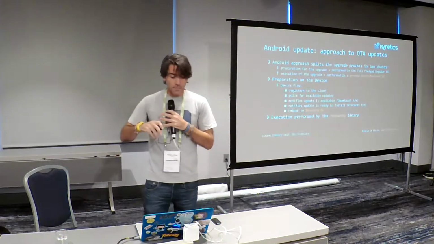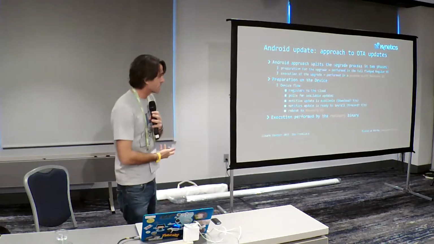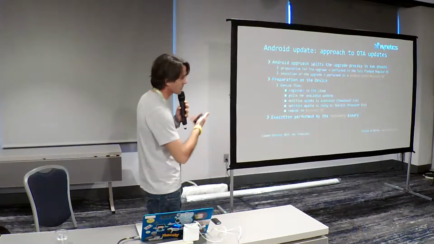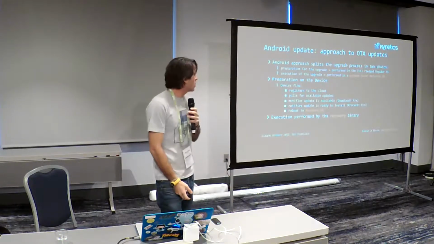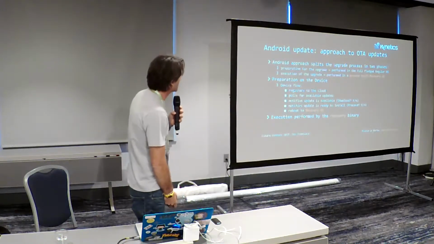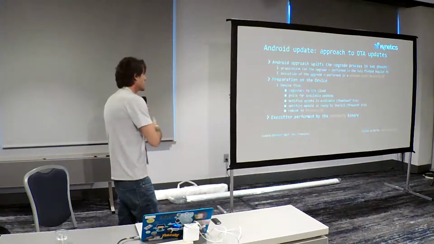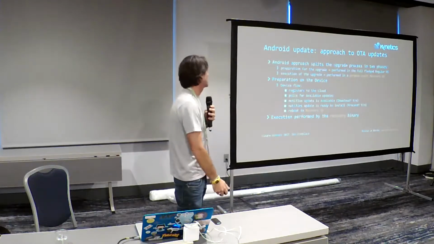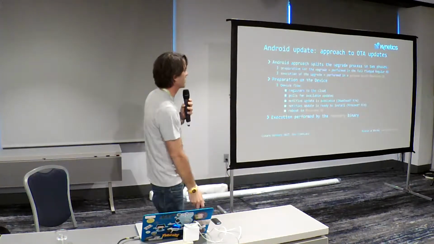For the preparation on the device, you have an Android phone, so you know perfectly how it works. You register on the cloud, you poll for available updates, you have a notification, you download it, you want to apply the update, and then you reboot in recovery OS, right?